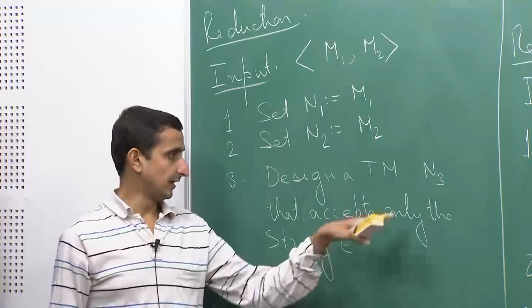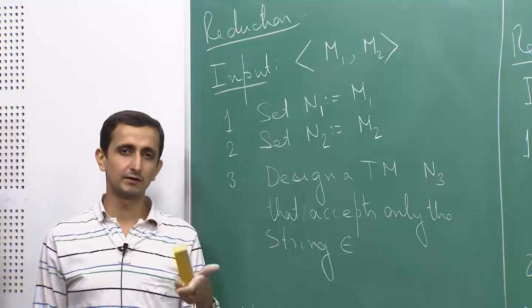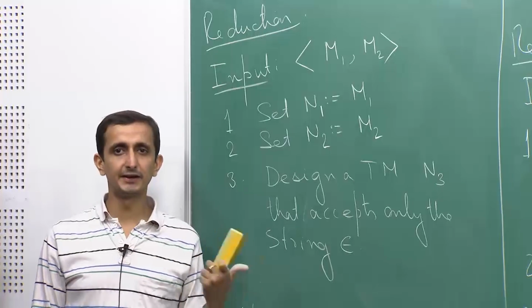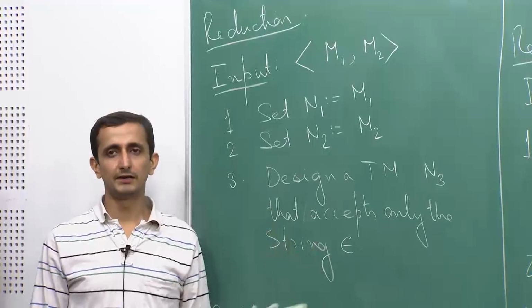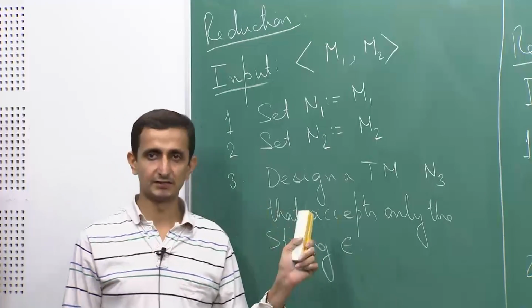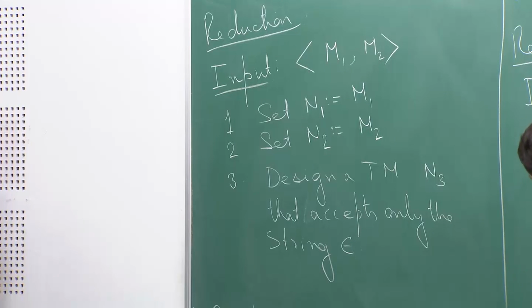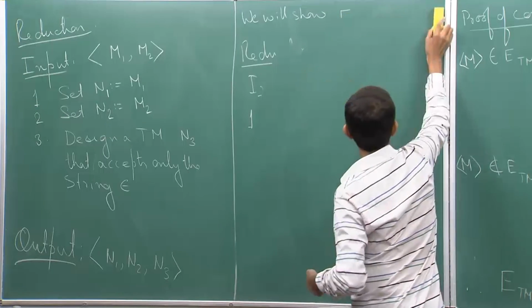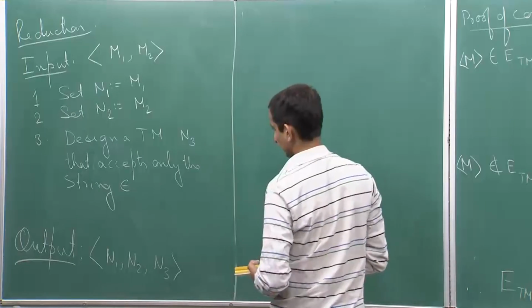Okay. So, N3 accepts only one string, which is epsilon. So, it checks what its input is. So, if its input is some non-empty string, it will reject. Only if its input is the empty string epsilon, it is going to accept, otherwise it will always reject. Okay. Now, let us see why our reduction works correctly. Okay.